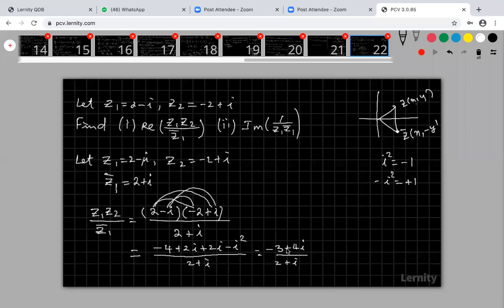Okay, but this is not a complex number. What is a complex number? My complex number is a plus ib. My a and b are real numbers. But look at that, here also some i is there. This is not a real number. i is coming means that is not a real number.